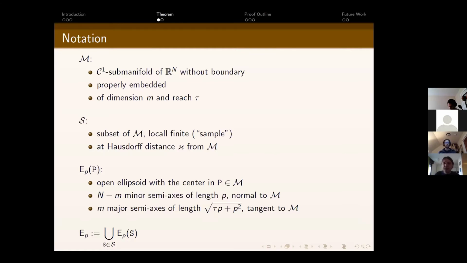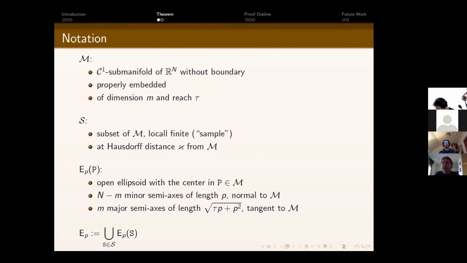It doesn't actually make that much sense to have a fixed scale, so just take some fixed factor times P, because on a smaller scale, the manifold looks less curved. So we can afford ourselves more eccentric ellipsoids, and they will still approximate the manifold.